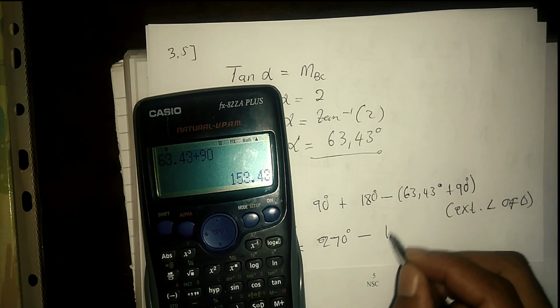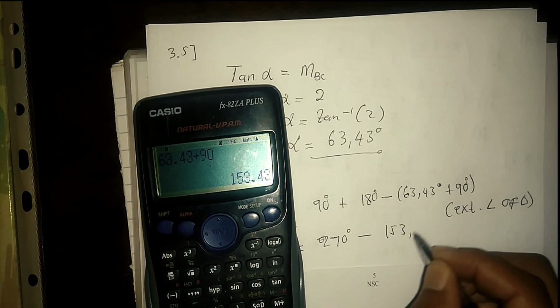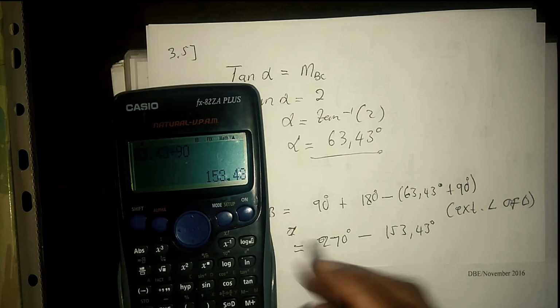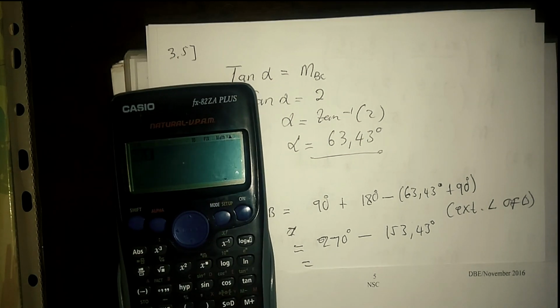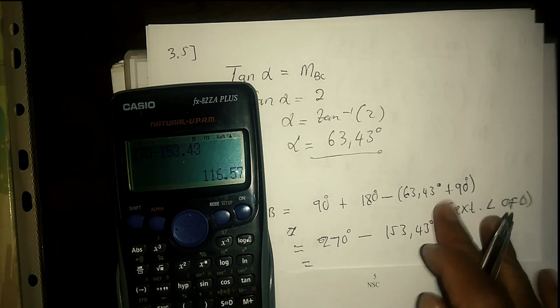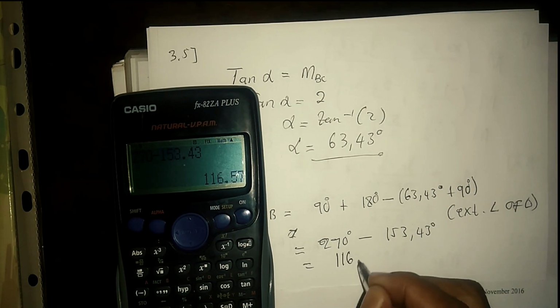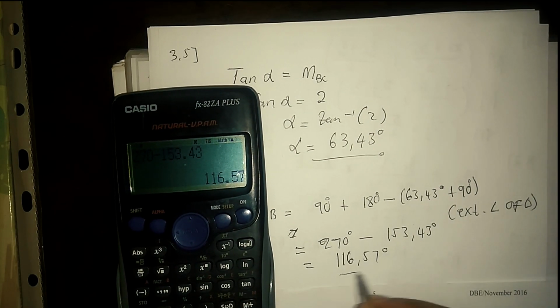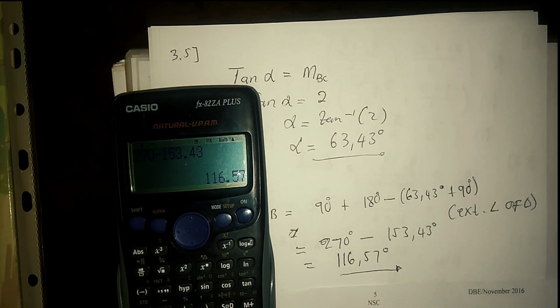What is 63.43 plus 90? It is 153.43 degrees. So 270 minus 153.43 is equal to 116.57 degrees.